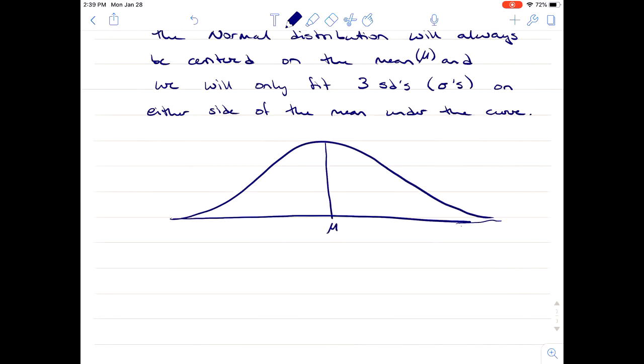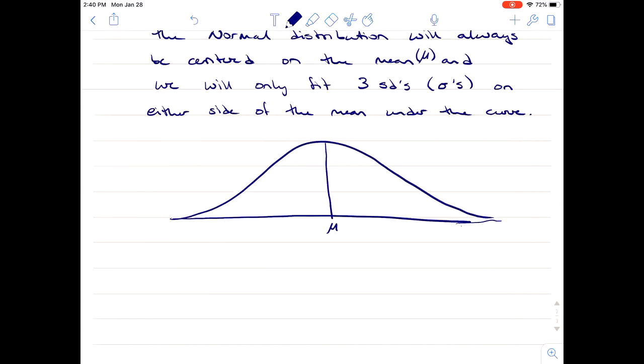The second part is a little bit weirder. The standard deviation is some value. Say the standard deviation is 2, for example. Then this is a distance of 2, and from there we can move out another distance of 2, and then another distance of 2, and then we've basically run out of room.